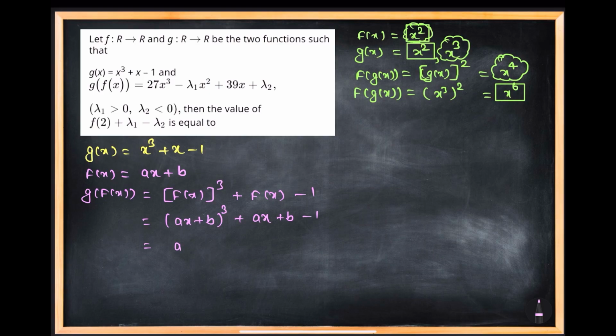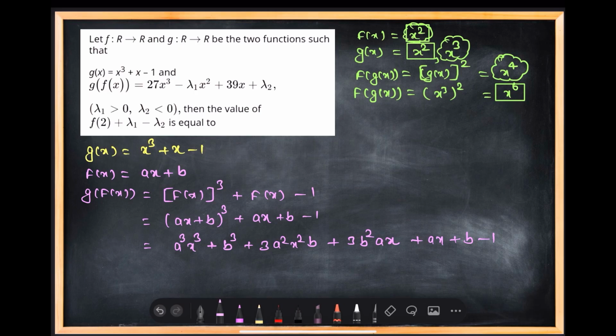Now a cube x cube, means I'm applying (a plus b) whole cube. So a cube plus b cube plus 3 a square b plus 3 b square a plus ax plus b minus 1. Now what I will do?